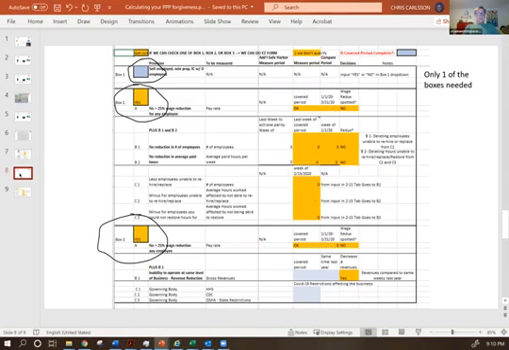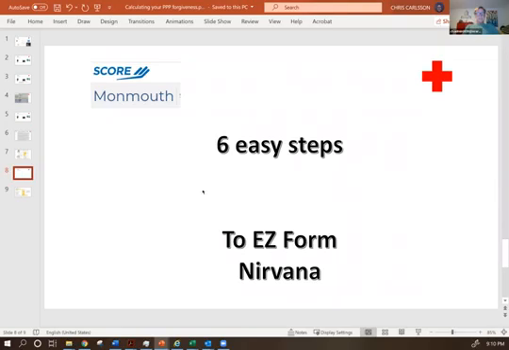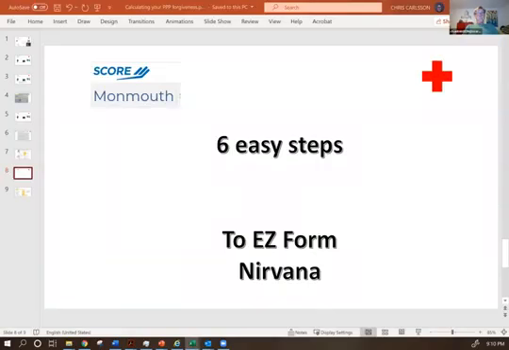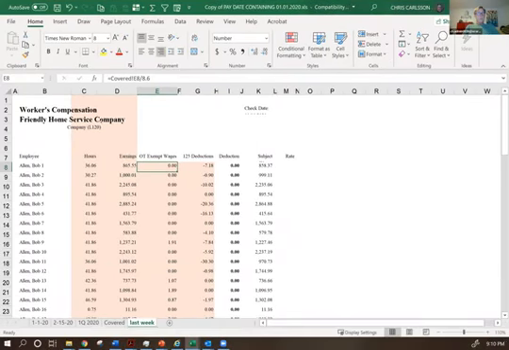So let's see how we actually do this in 6 easy steps to easy form nirvana. We are going to do that, my friends. So here we go. First, before we do that, I am going to show you, we are getting this information from our payroll report, from our payroll system. We went to our payroll company and said, this is what we need.